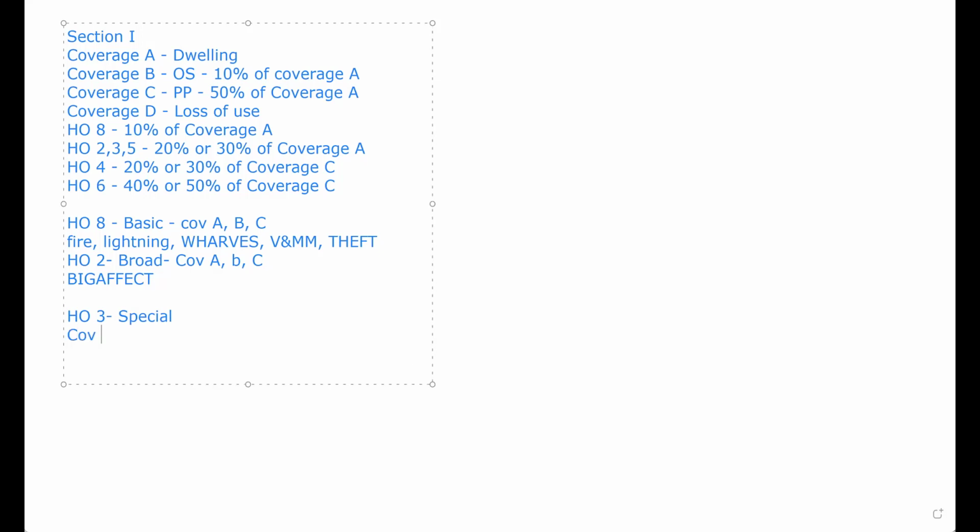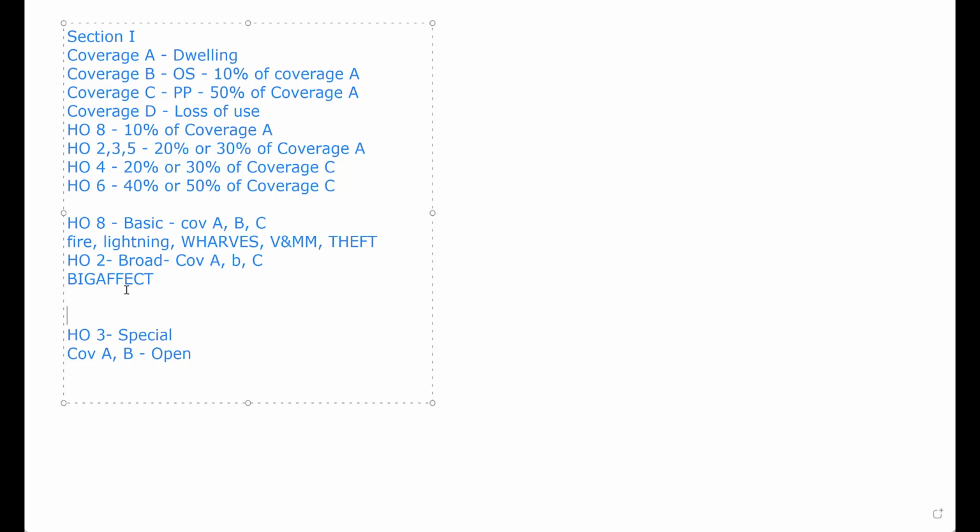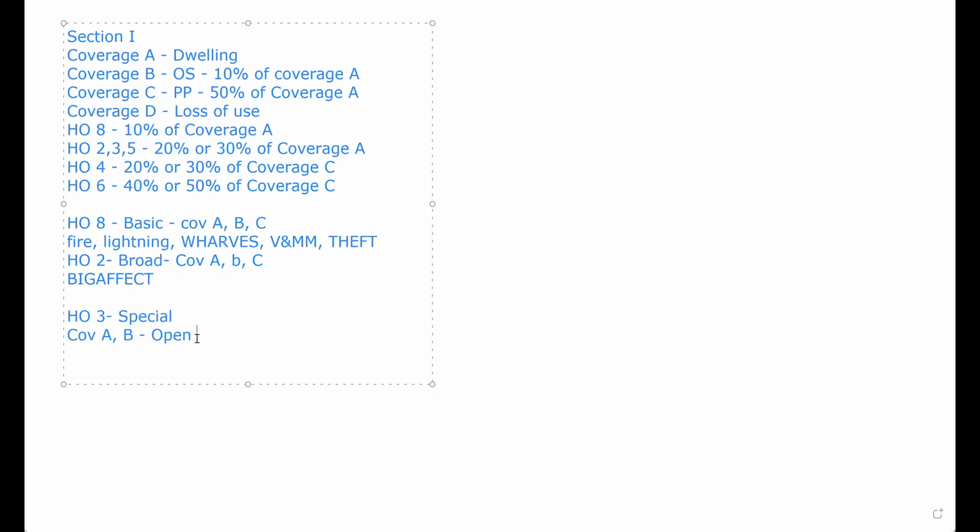And on Coverages A and B, you have open perils, which covers everything that's not excluded. And I use that radical example of a deer running through the house and tearing up your walls and your flooring. Then that would possibly be covered under your HO3 because it's not excluded. What is excluded? War, nuclear, flood, earthquake, power off premises, intentional, government. All of those are excluded.